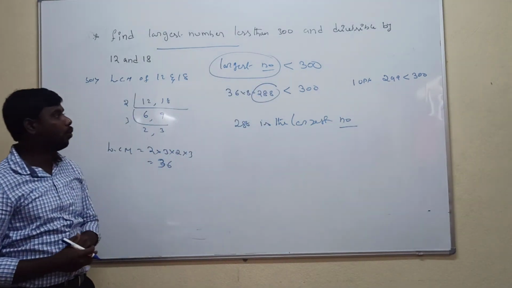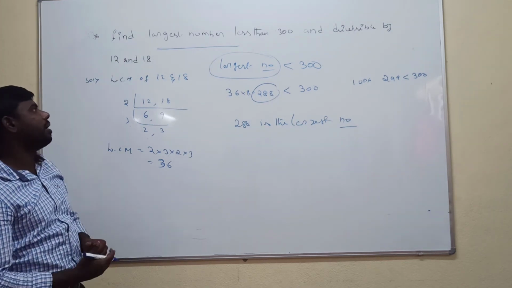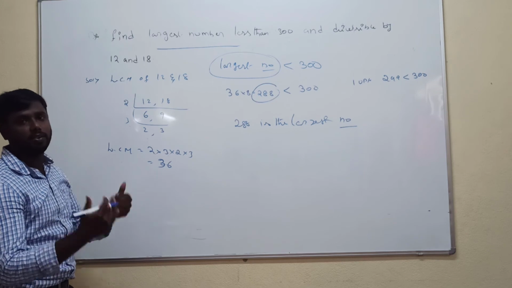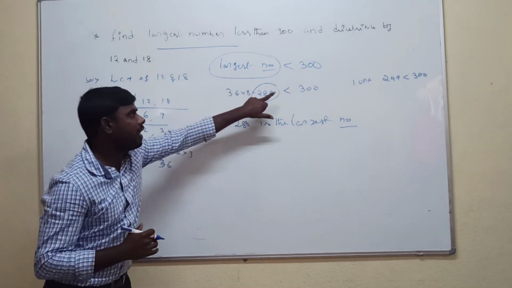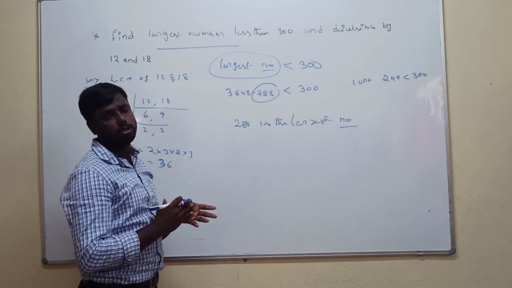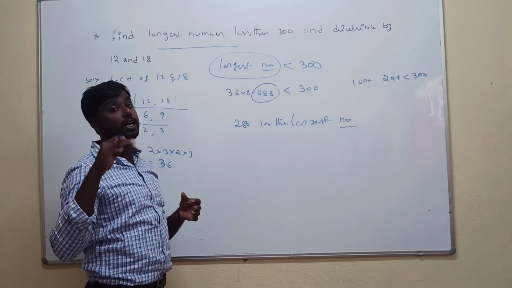So, to find the largest number, first calculate the LCM of the given numbers. What LCM are you getting? 36. Which multiplier gives a product less than 300? 36 into 1 is a possibility, 36 into 2 is a possibility, anything from 1 up to 299.